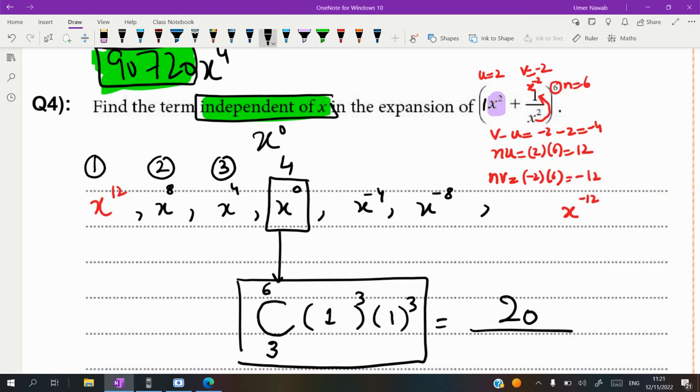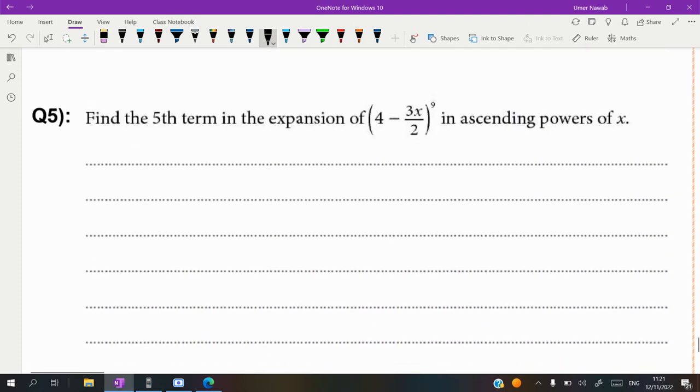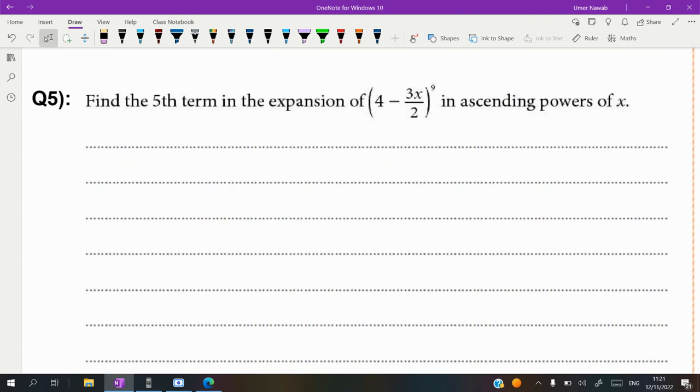So the answer is 20. So basically here, the term which will appear without a power of x will be just 20. Now, next question is, be careful guys about the ascending powers of x.